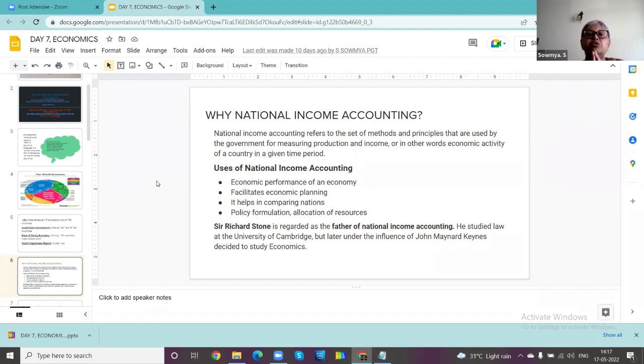The contribution of the different sectors towards the GDP is very important for them to understand, because all of us know that agrarian economies are developing economies. A country like India is a primary exporter. It's an agrarian economy, right?